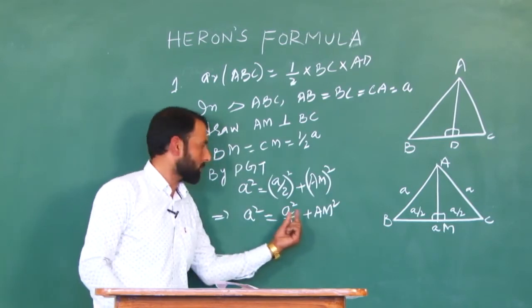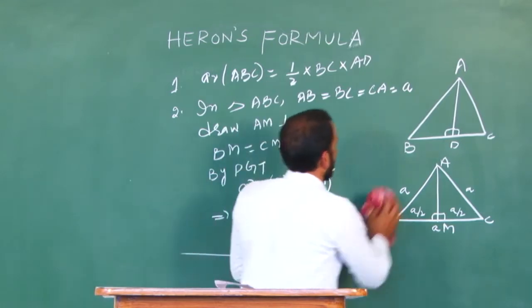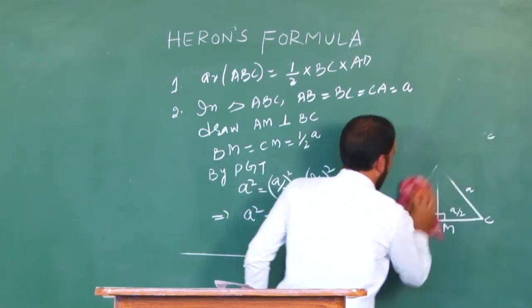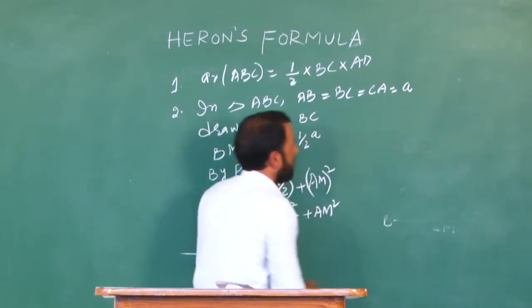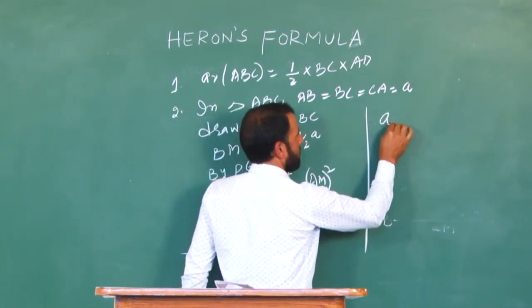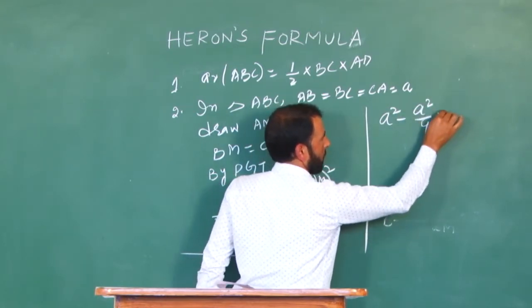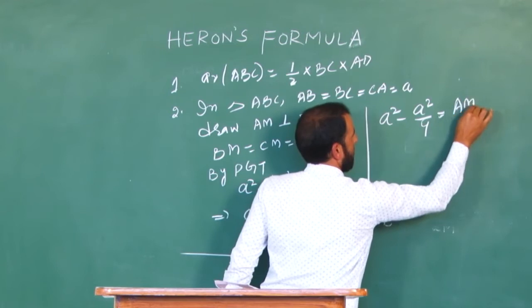So we transpose this a square by 4 to the left hand side. We get a square minus a square divided by 4 is equal to AM square.